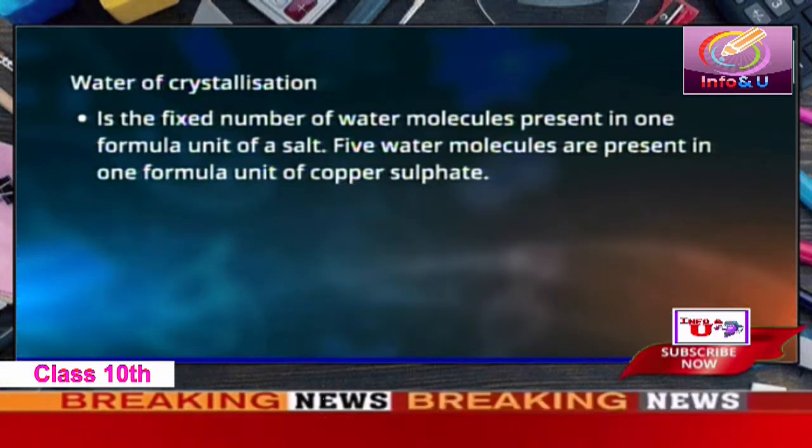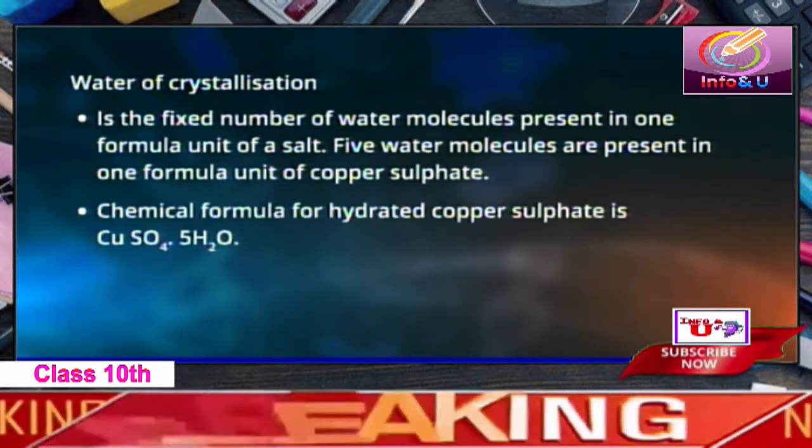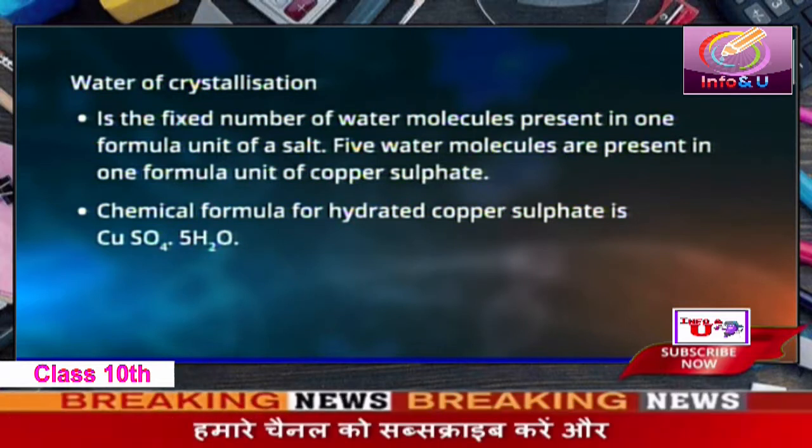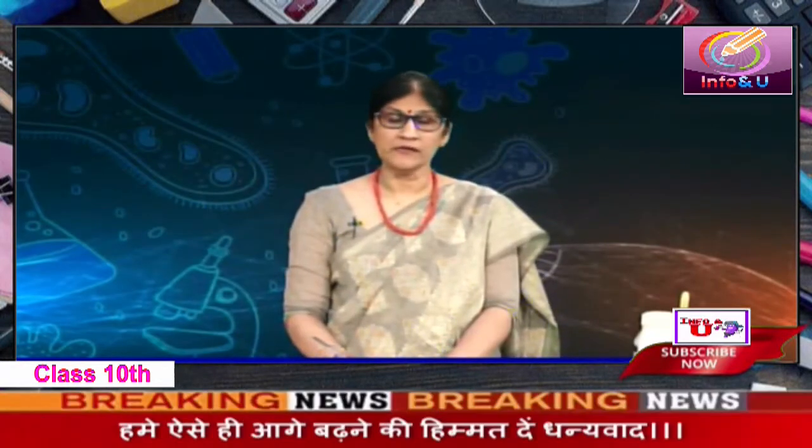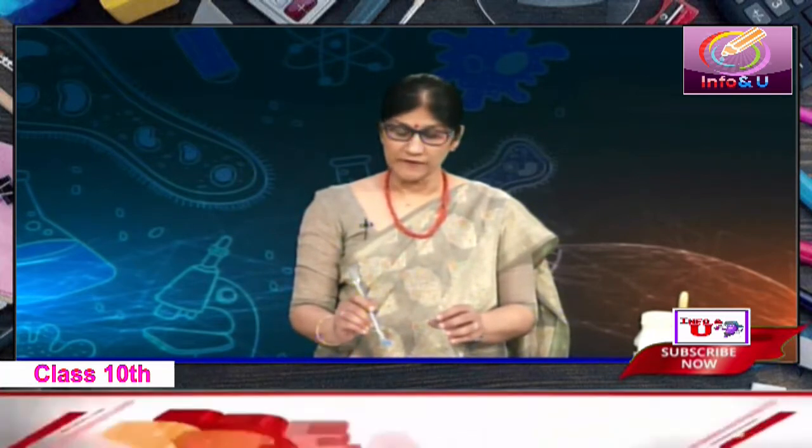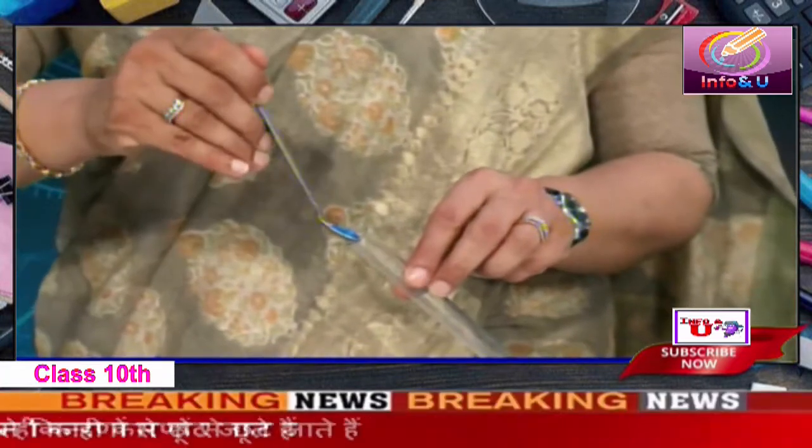We say that copper sulfate crystals have the formula CuSO4.5H2O, and these 5H2O, that is 5 molecules of water, are the water of crystallization. So, I will take a dry test tube and transfer some amount of this crystalline copper sulfate to the test tube.